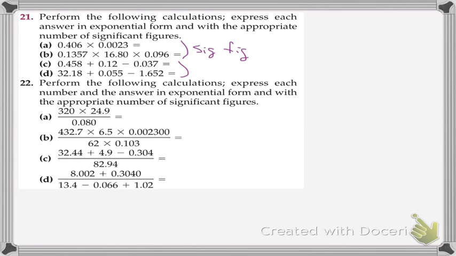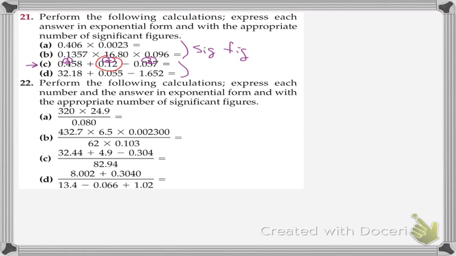How are we going to round those? Exactly. Fewest decimals. So if you look at C, we have 3 decimals here, 2 decimals here, and 3 decimal places here. So we're going to have to round according to 2 decimal places. Does that make sense? Okay.